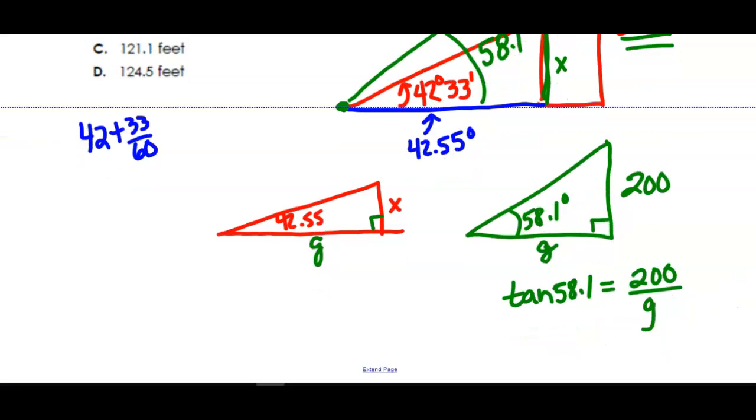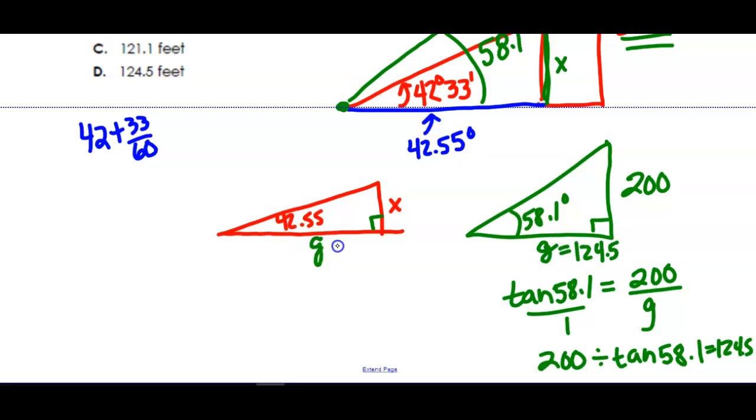And then if we do 200 divided by the tangent of 58.1, I got that the ground distance here is 124.5. So the fireman is standing 124.5 feet from the building.